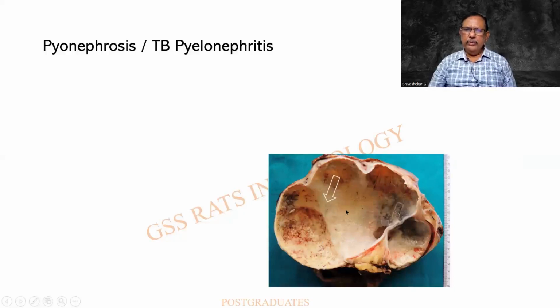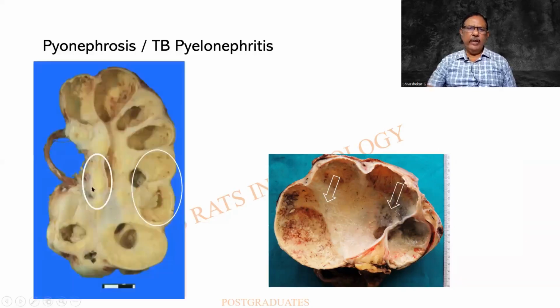It is not smooth, and there can be some amount of hemorrhage and congestion because of the inflammation. You find this is another one. There are areas of caseous necrosis, yellowish white, that are seen, typical of tuberculous pyelonephritis.